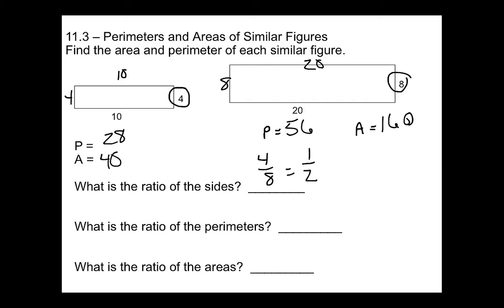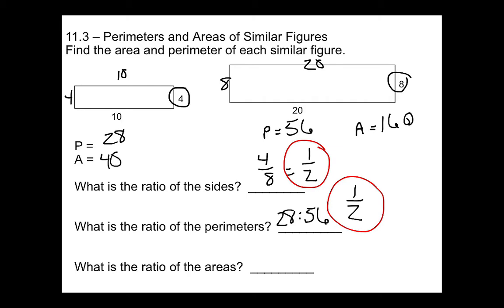So the perimeter of the small rectangle was 28 compared to the big rectangle, which was 56, which also reduces to 1 over 2, or 1/2. So what I want you to notice is the scale factor is the exact same ratio that the perimeters have. So if we're comparing perimeters of shapes, we can use the same scale factor.